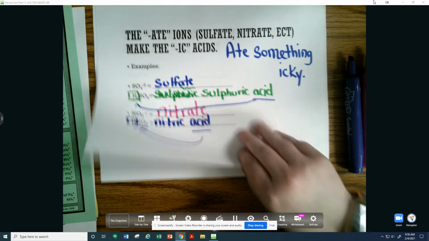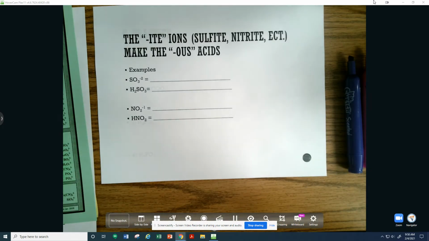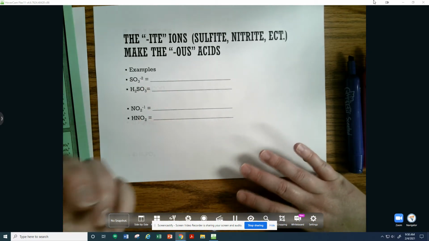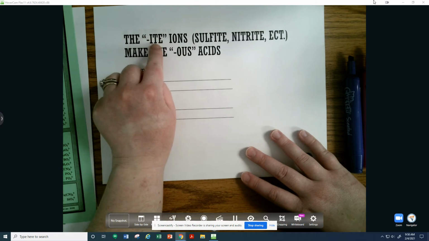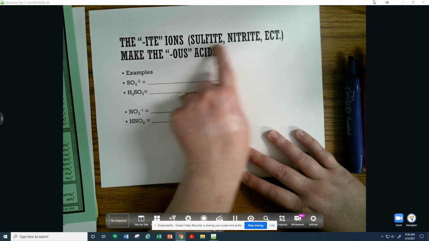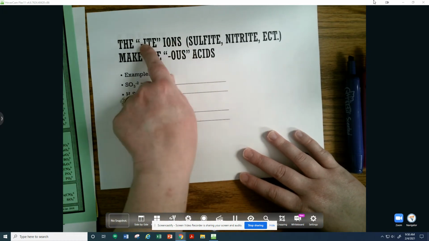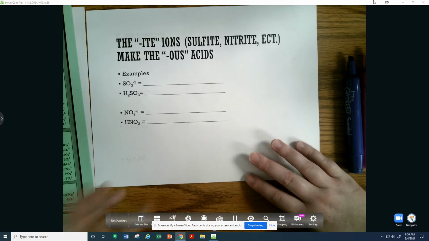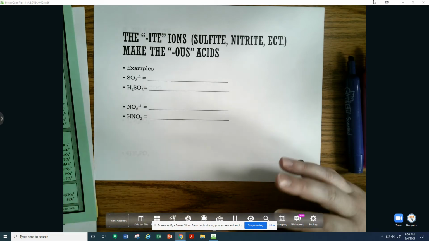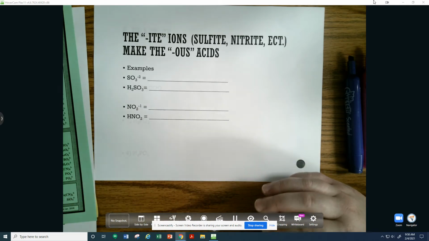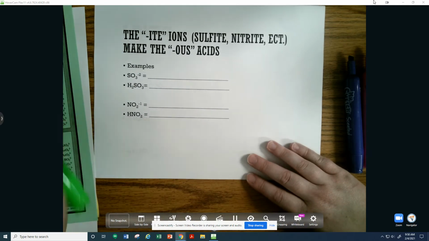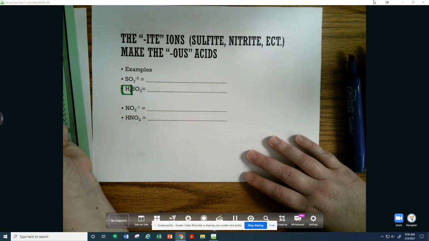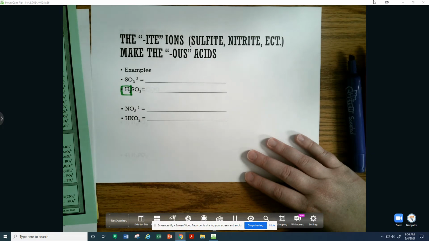Okay? So the other option, depending on your oxygens that are available, will change the next branch. And these are the -ite polyatomics, like sulfite, nitrite. So -ite changes to -ous. Unfortunately, I don't have a trick to keep that, but if you can keep -ate to -ic, that can help eliminate that -ite changes to -ous. So same idea. Here I can see hydrogens listed first in my compound. That's my first red flag that it's an acid.